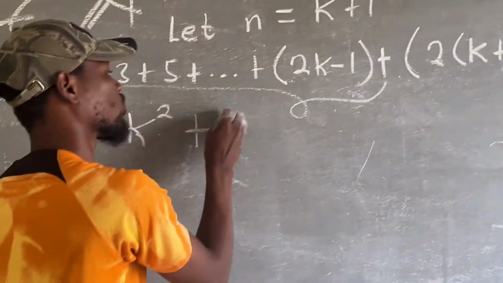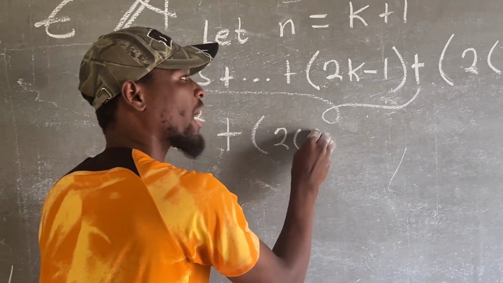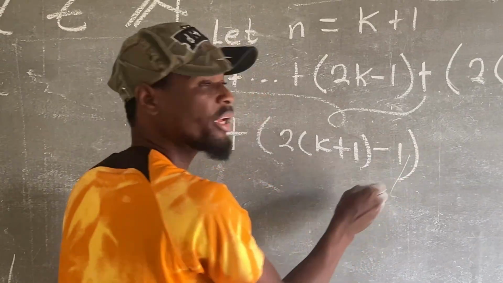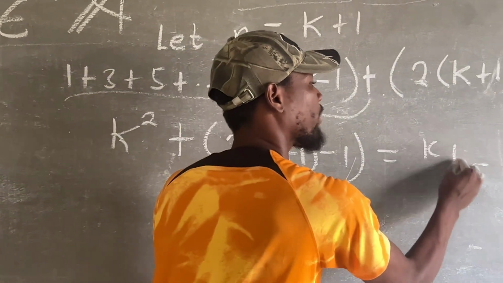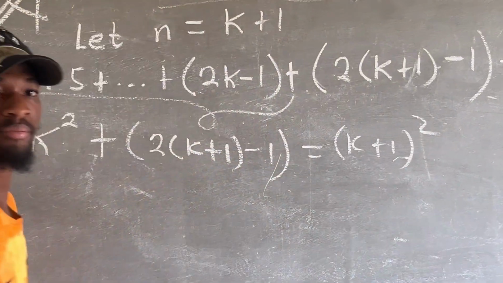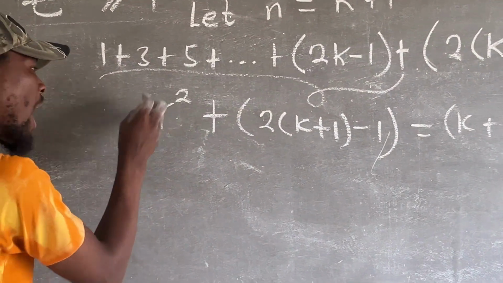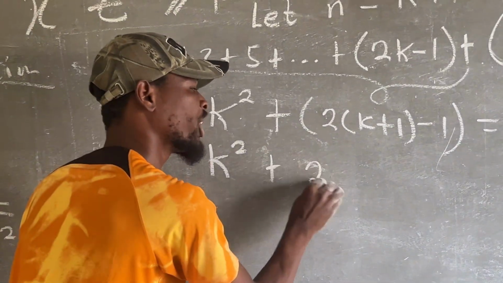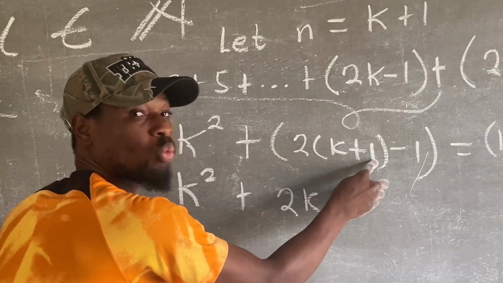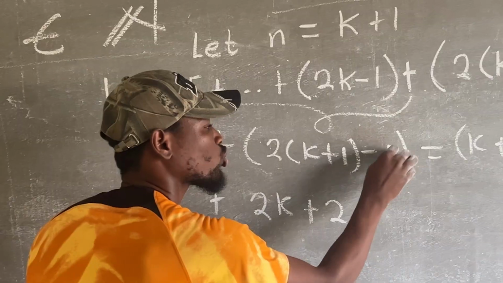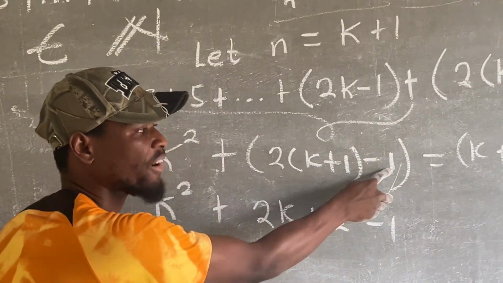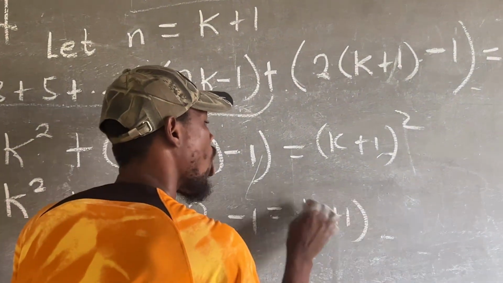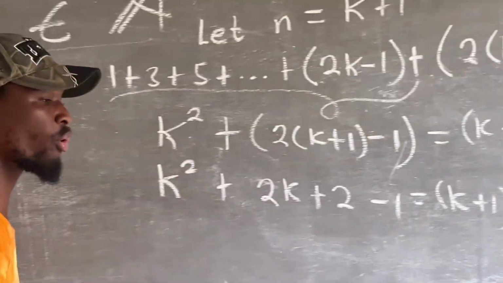I have my 2 multiplying k plus 1, then minus 1 this way, which is equal to k plus 1 all squared. So I have k squared plus 2 times k is 2k, then plus 2 times 1 is 2, then minus 1. Remember, the 2 is not affecting the negative 1, please. Which is equal to k plus 1 all squared. As simple as that.